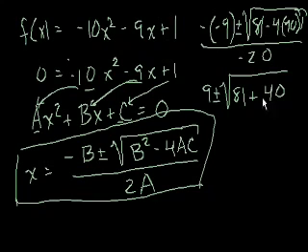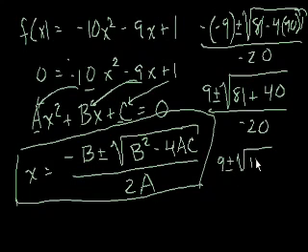Positive 40. And then we have all of that over negative 20. Well, 81 plus 40 is 121. So this is 9 plus or minus the square root of 121 over minus 20. Square root of 121 is 11.